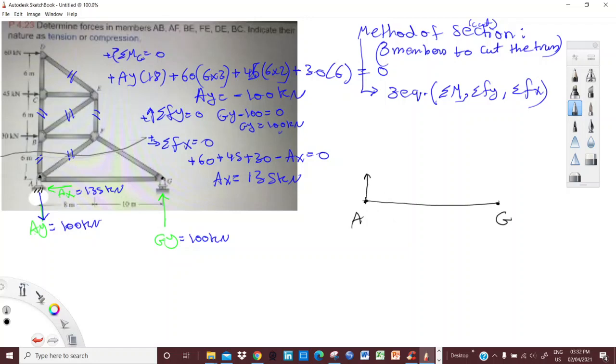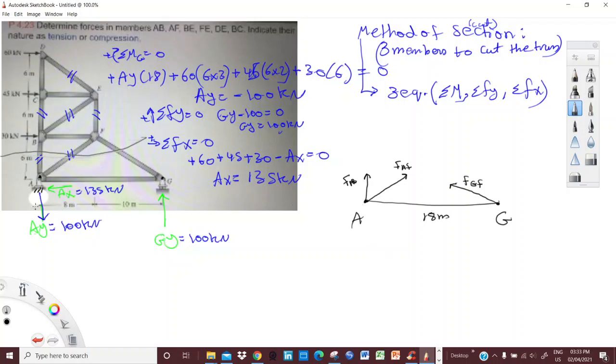So I assume this is coming outside, called FAB. And the other part, which is also coming outside, I assume as FAF. And you also have G going toward F, so I'm going to call it FGF, and its length is 18 meters.